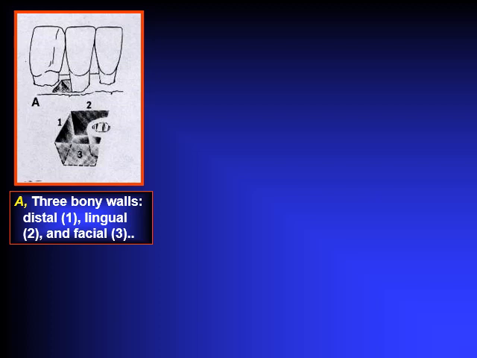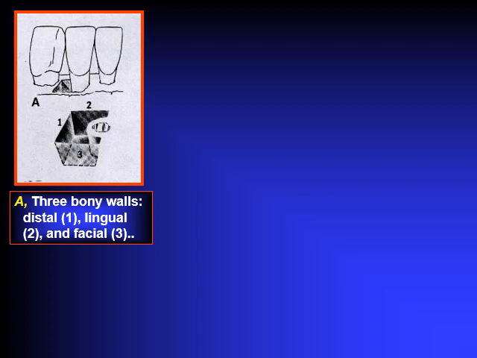To not be confused, make as I will tell you: a three wall angular defect means a defect with three intact walls. We correlate the angular defect in relation to the intact or present walls. So this is a three wall angular defect, or in another word, and you have to know this, an intrabony defect.